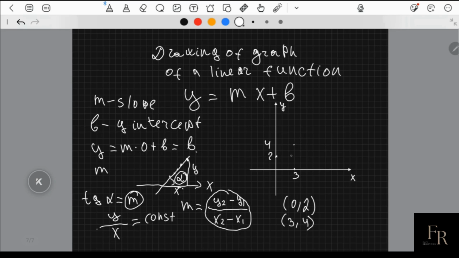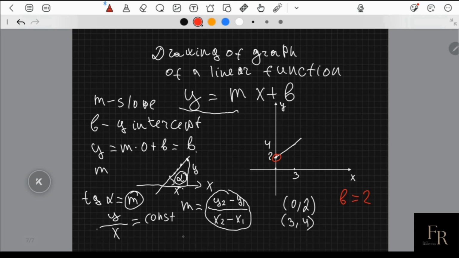So let's say we want to find the formula for the line going through these points. Remember, in order to draw a linear function, you just need 2 points. 2 points is enough to graph a linear function. So let's find the slope and the y-intercept. The y-intercept is easy: it's where the line crosses the y-axis, so b is 2.